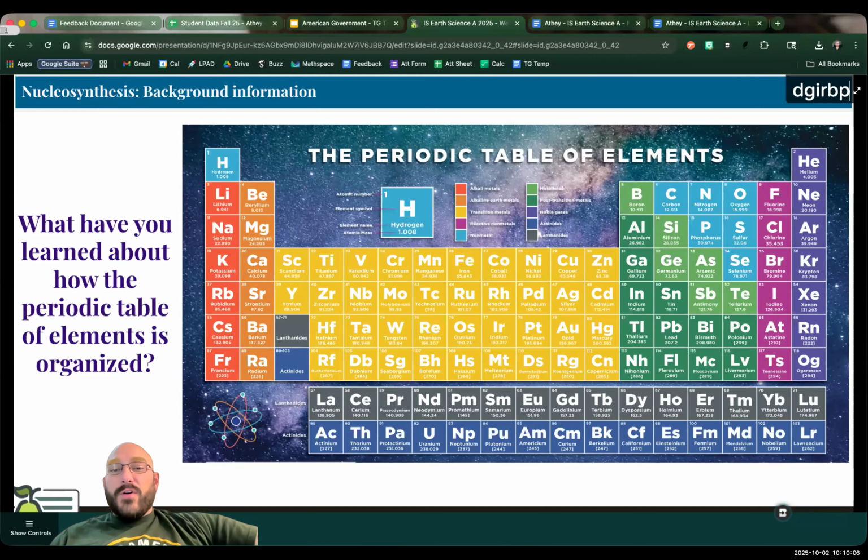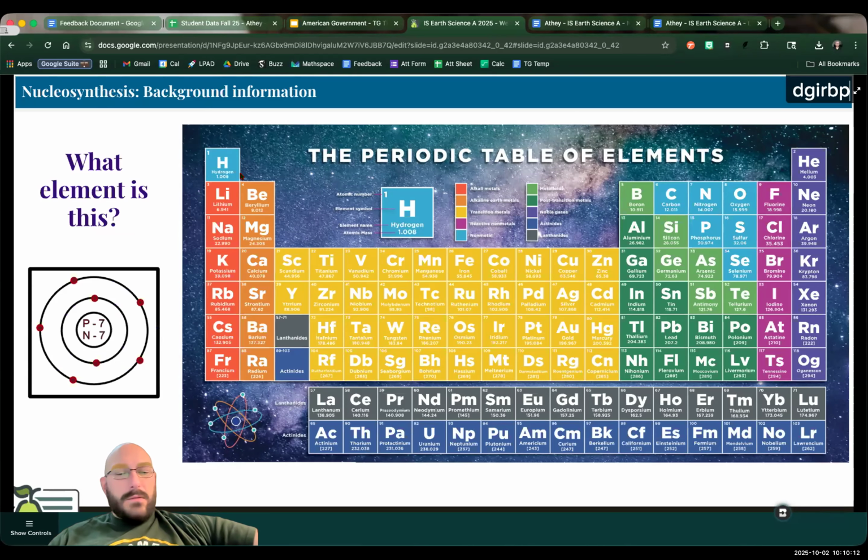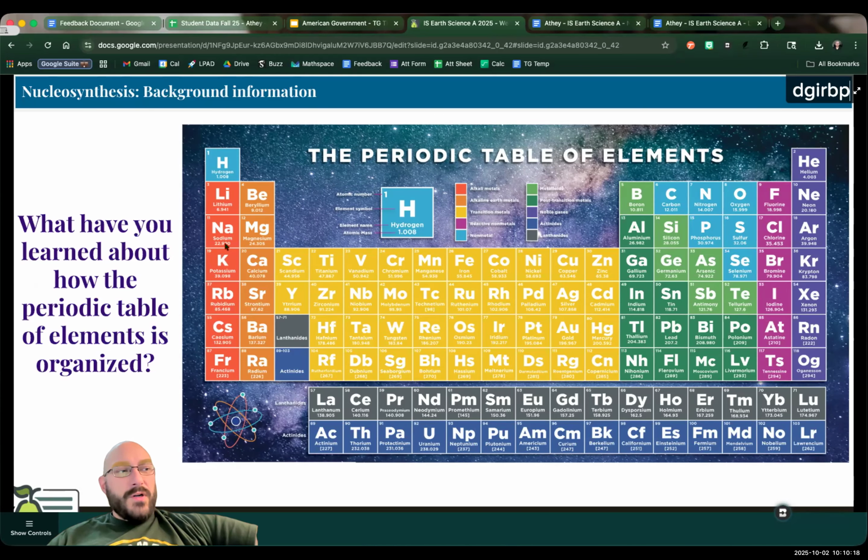Okay. Vertically, you have the groups, and the groups are color coded mostly. These groups represent elements that have the same number of electrons hanging out on the very outside.